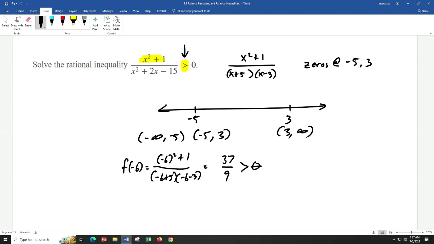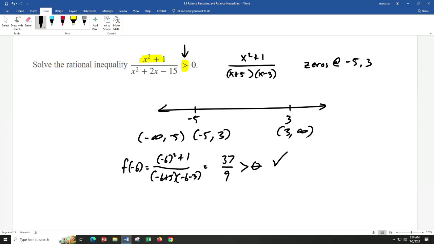Yes. That one works. Isn't that what the inequality is asking for? It's saying, find values of x that make this greater than 0. So all you're doing is plugging it in, right? See, does it work there? Yeah, that works. And then I would try out something in here, wouldn't I? And then I would try out something here. And wherever it works, that would be your domain.